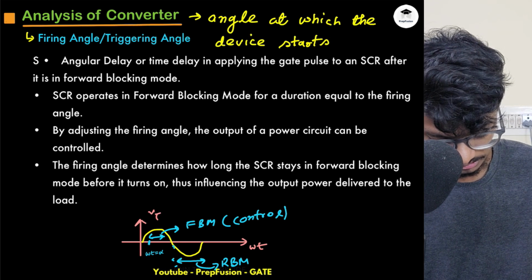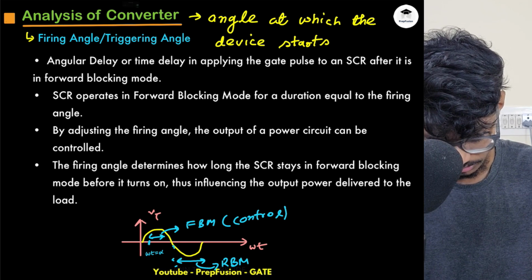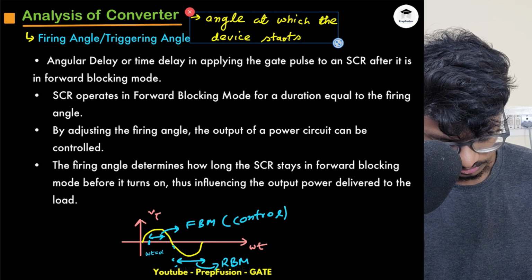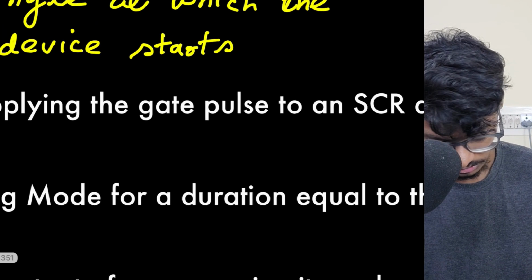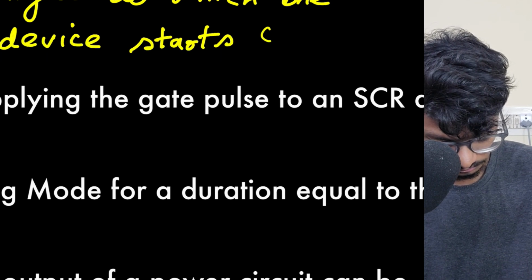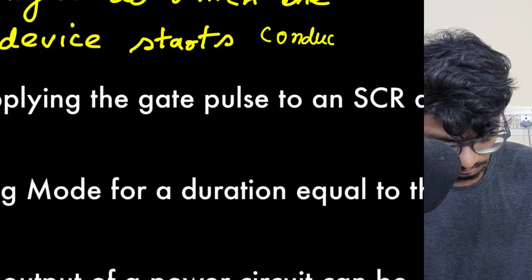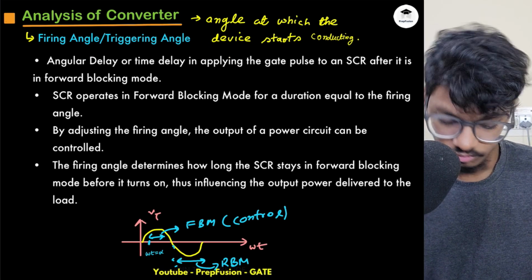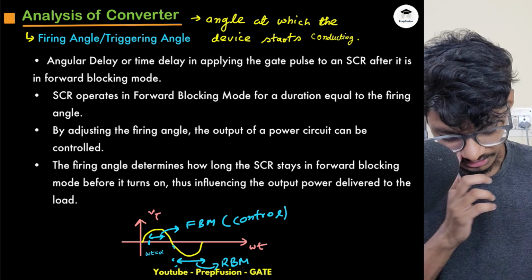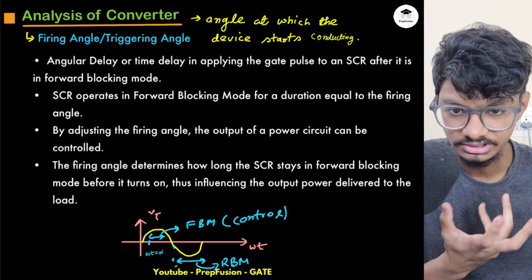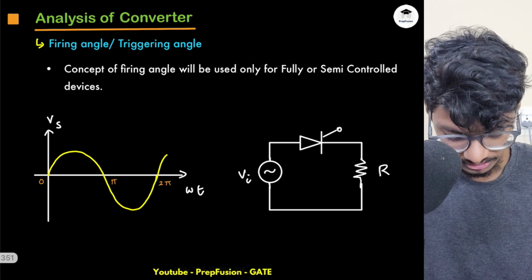Need to reduce the size, else this will always be coming in the picture. So this is the thing, you can read the definitions over here, but this is the main criteria of firing angle.